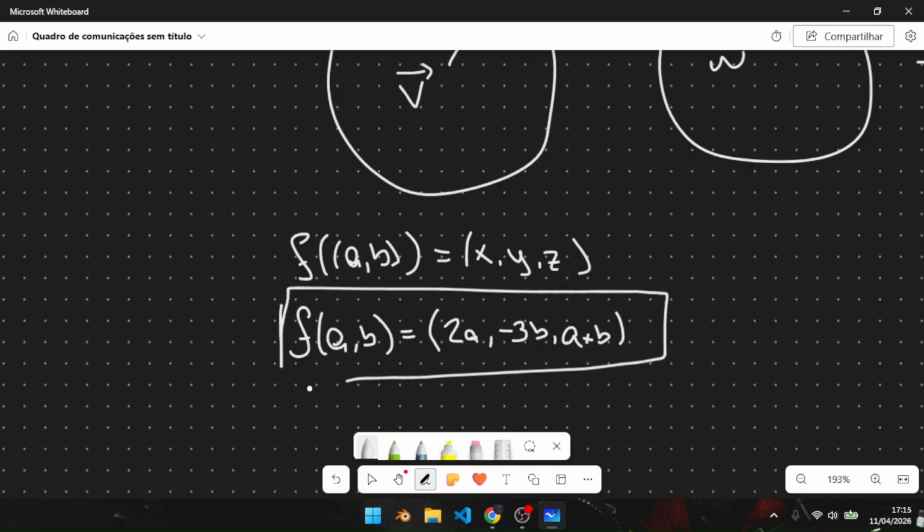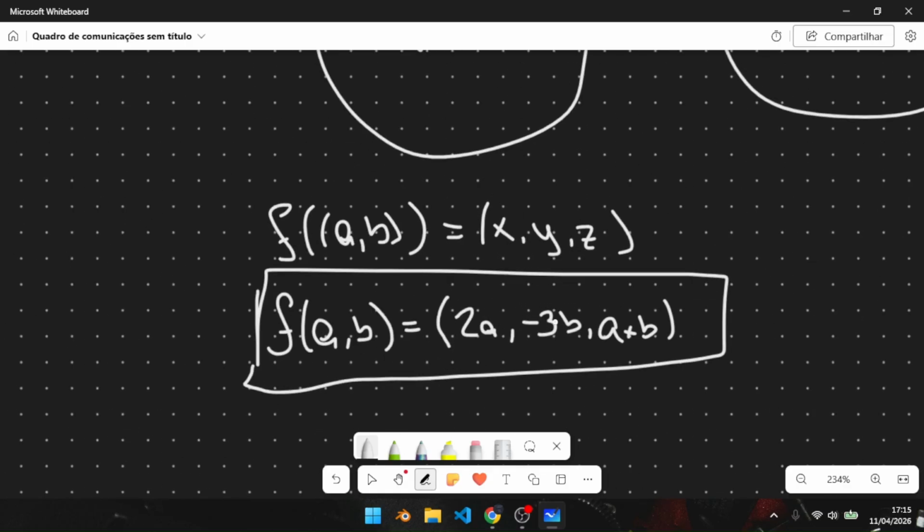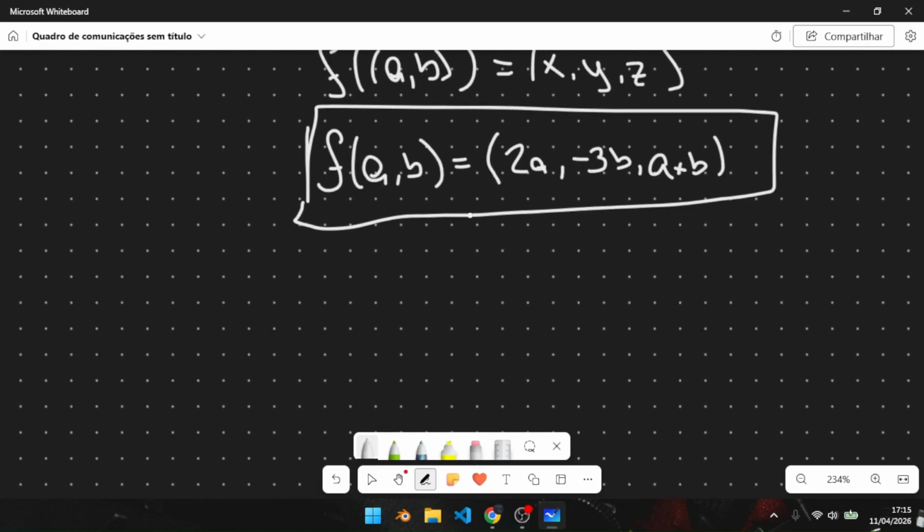If you try to transform a two-dimensional vector into a three-dimensional vector, you're gonna have to follow these rules. The first coordinate is gonna be 2 times the first coordinate. The second coordinate is gonna be minus 3 times the second coordinate of A, of the first vector in the two-dimensional space, and the third coordinate is going to be the sum of the coordinates in the original vector.